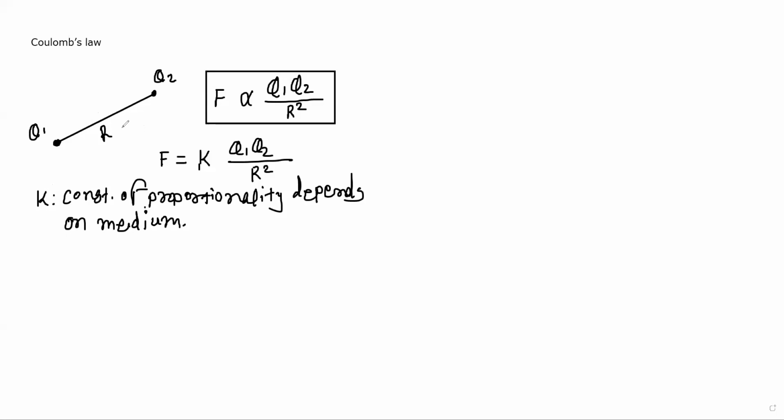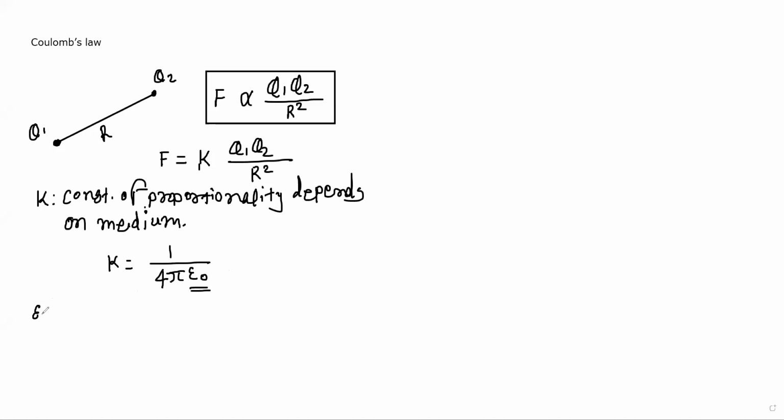And let me write here the formula for K. K is equal to 1 upon 4 pi epsilon naught. See, this epsilon naught, very specifically, I am defining for free space.